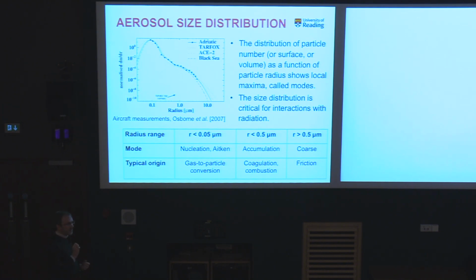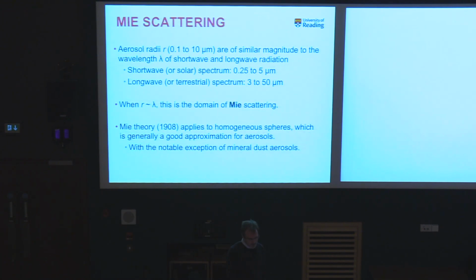And the size distribution is really critical for aerosol radiation interaction. The size of the particle really drives its ability to interact with radiation. Mie scattering is the scattering mechanism that operates when the particle is about the same size as the wavelength of the radiation.